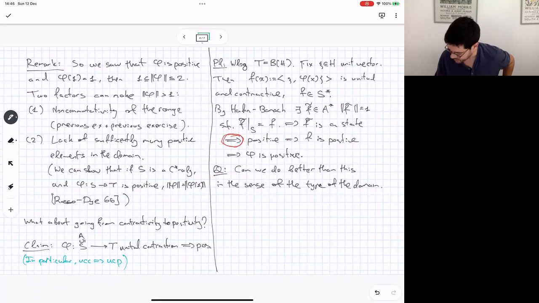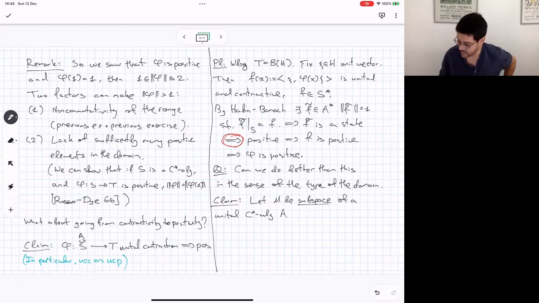So claim: let M be a subspace of a unital C star algebra A containing 1.